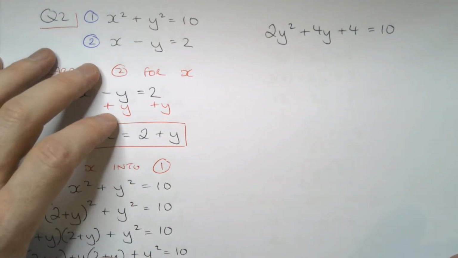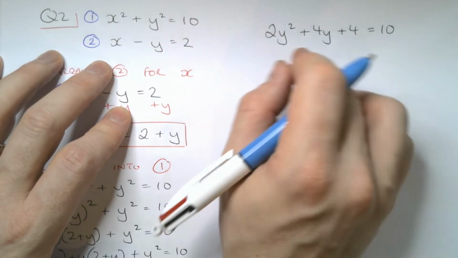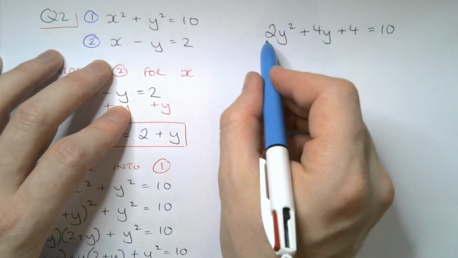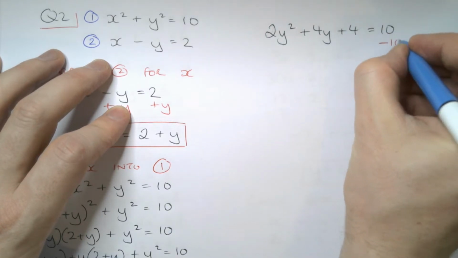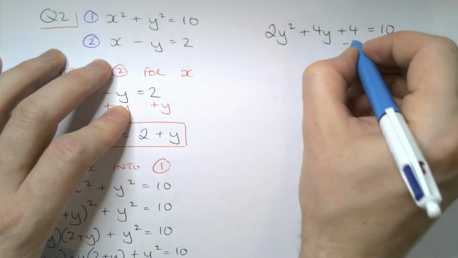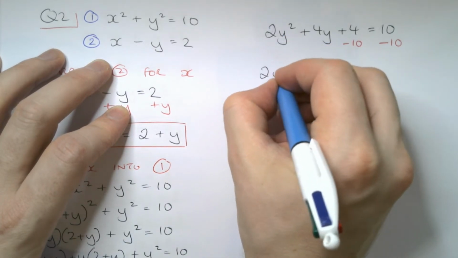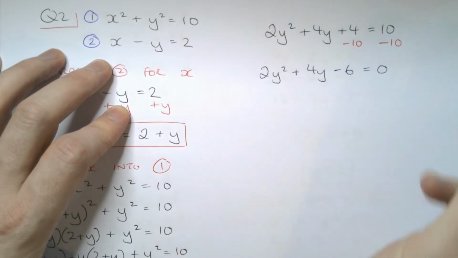You might notice I've written the y squared first, followed by the y, followed by the constant. I recommend doing it this way because you'll see it get to where we want to go next. So I'm just going to get everything on the left-hand side, and you'll see why in a moment. I'm going to take 10 off the right. If I take 10 off the right, I have to take 10 off the left. So I finally get 2y squared plus 4y minus 6 equals 0.